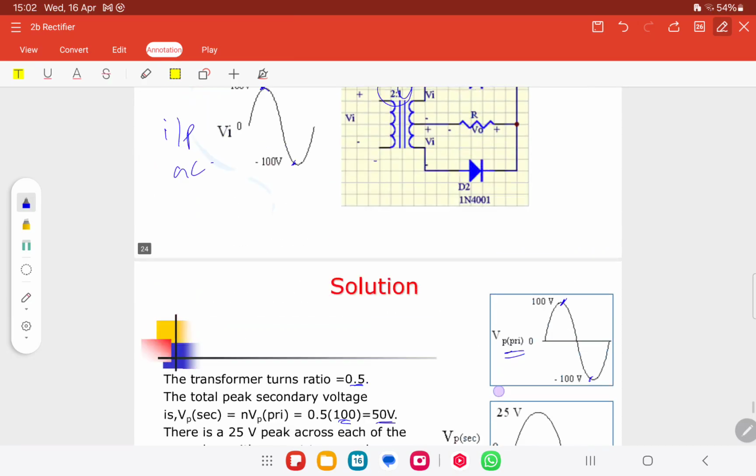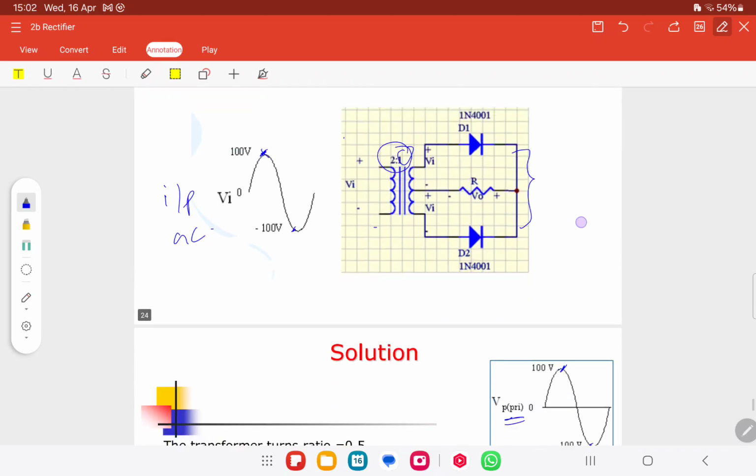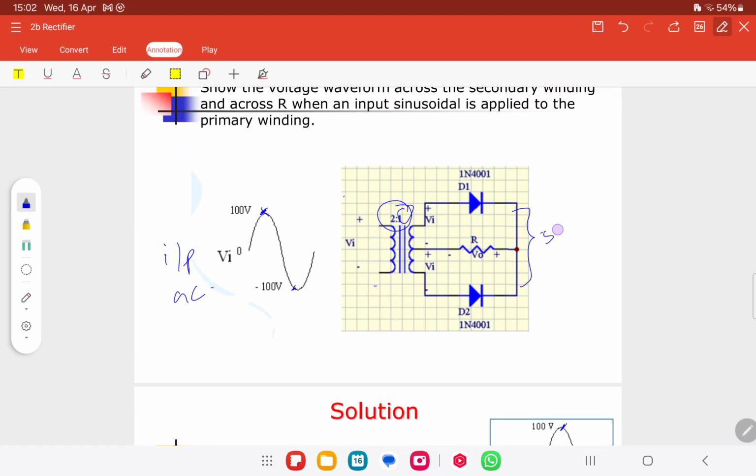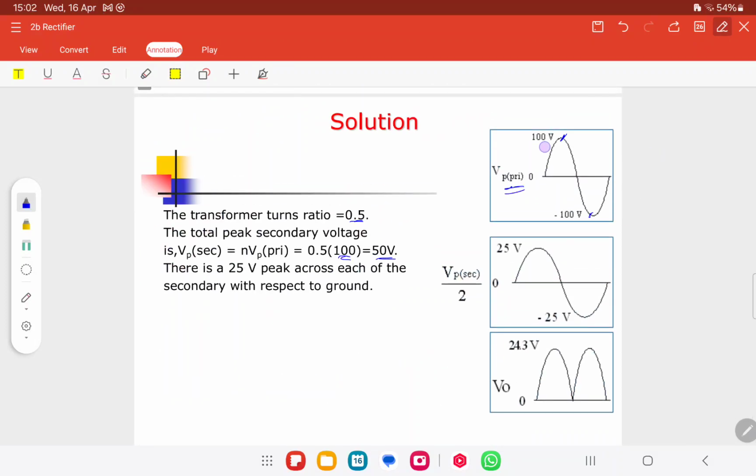But now since we have two, all of this becomes 50, but we have two, so each becomes 25. That is why here it goes from 100 to 25.